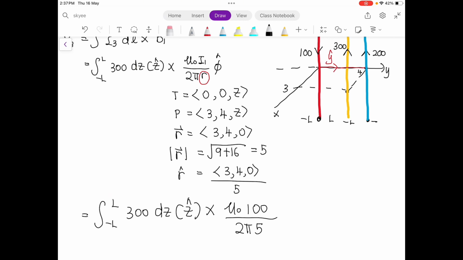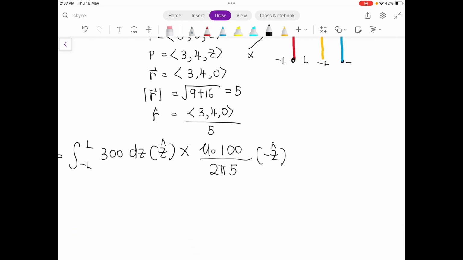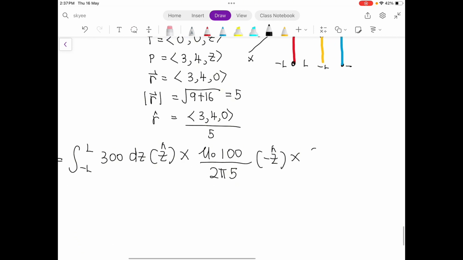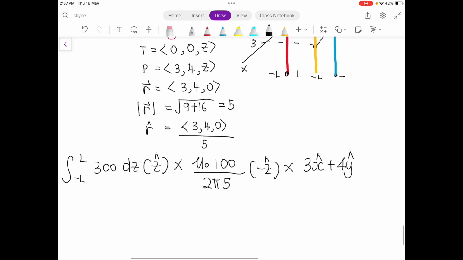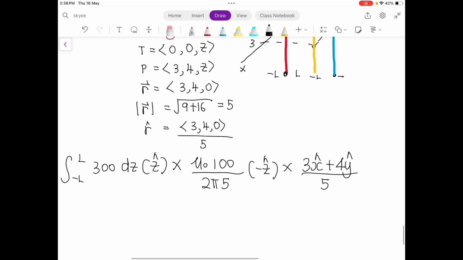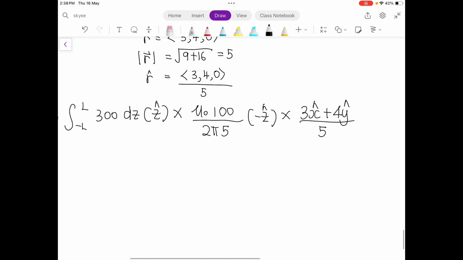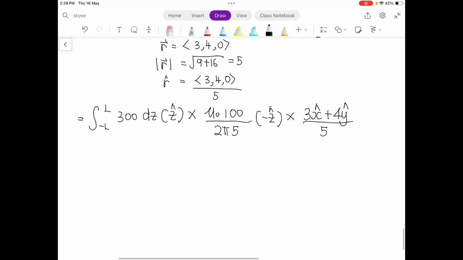The direction of the I1 is downward, negative z, and cross product with 3x plus 4y over 5. So here we have to settle the things first. Let's multiply together first.